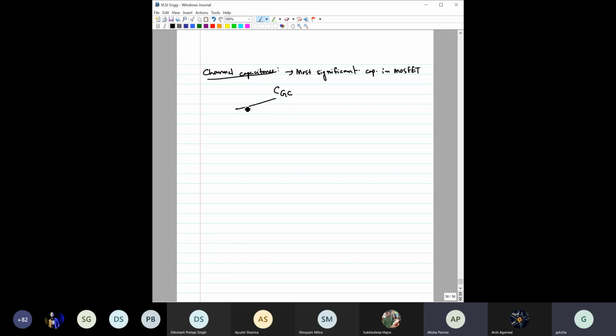And the gate to channel capacitance can be divided into three different capacitances. One is CGCS, I will write them first, CGCD, and the other one is CGCB. So this is the gate to channel capacitance component which is between gate and source. Remember, this is not the overlap capacitance.